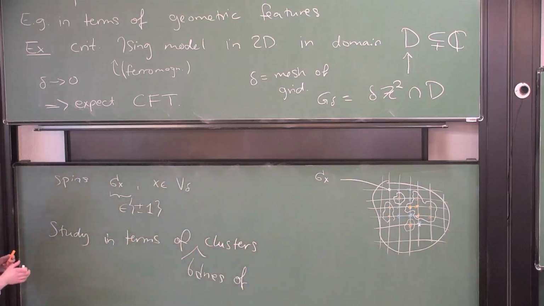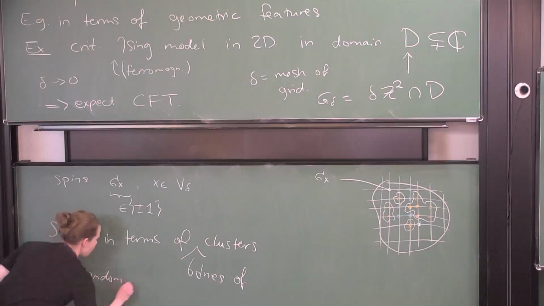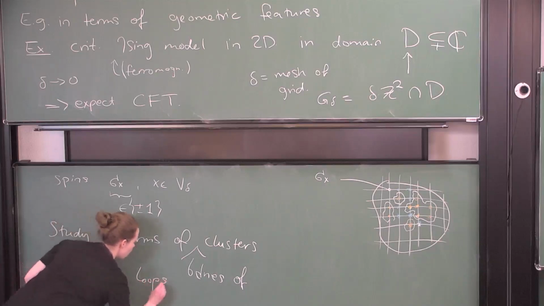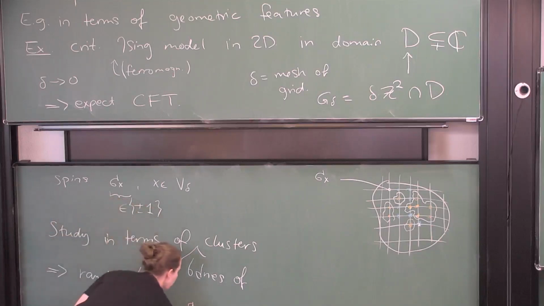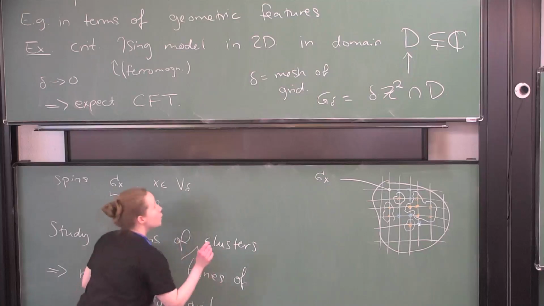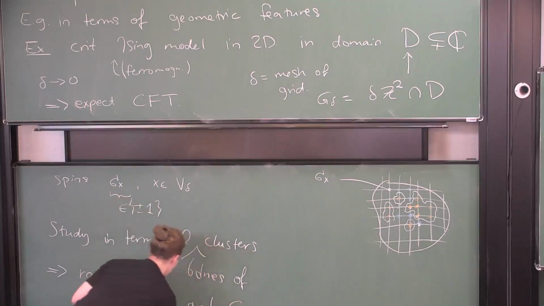And, okay, something funny might happen on the boundary, right? Or paths on the grid. And let's call it G. Okay, dual grid maybe.